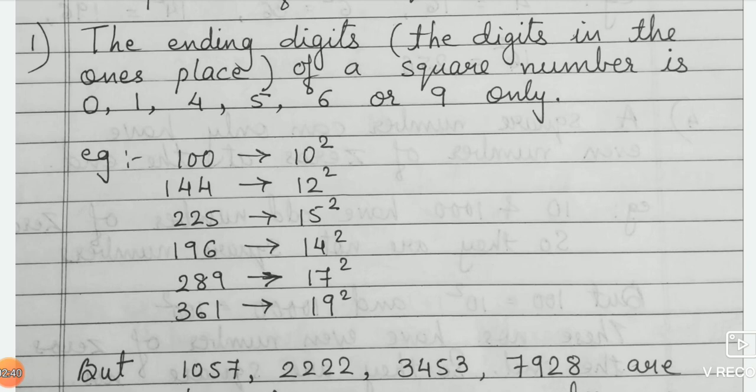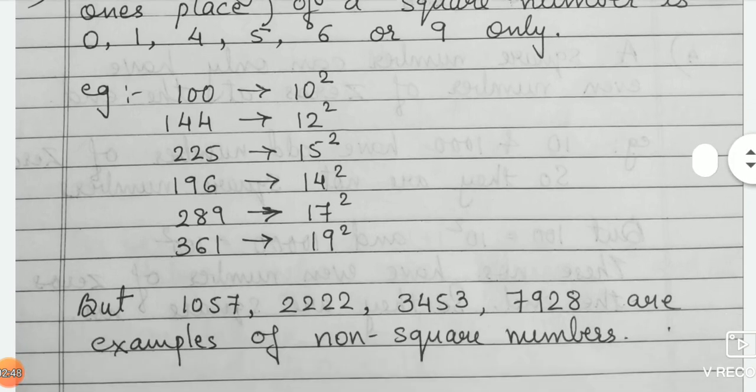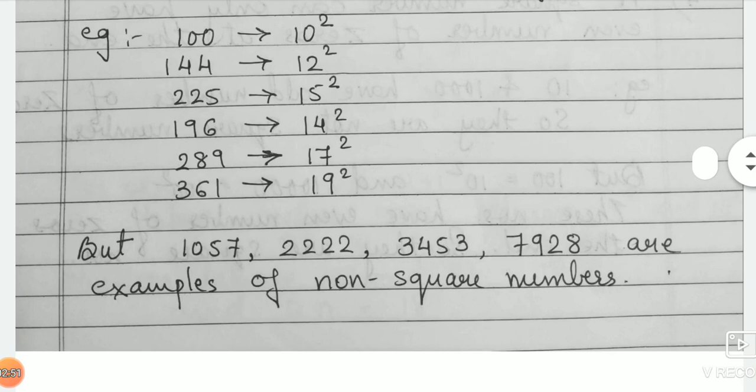Next is 196. Here the digit in units place is 6 and it is the square of 14. Next number we take as example is 289. It is the square of 17 and the digit in units place is 9. Last example we are taking is 361.